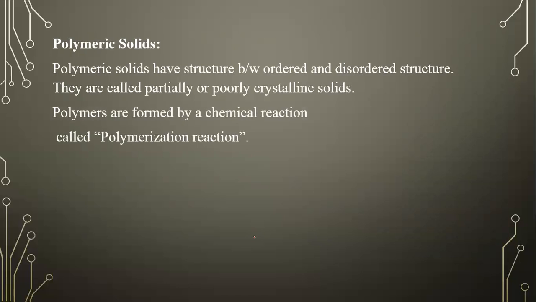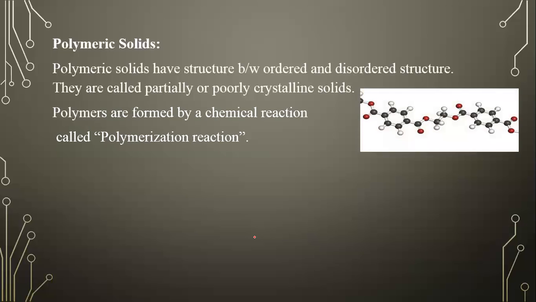These polymers are formed by a chemical reaction called polymerization reaction. So with the help of this reaction, long chain massive molecules can be obtained. So this reaction is called polymerization reaction.